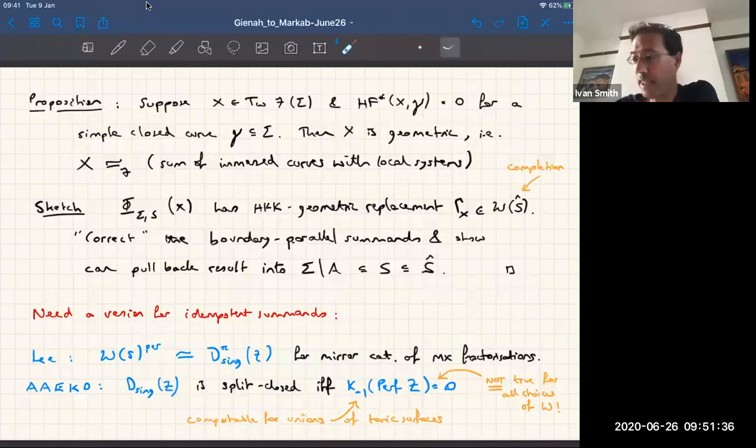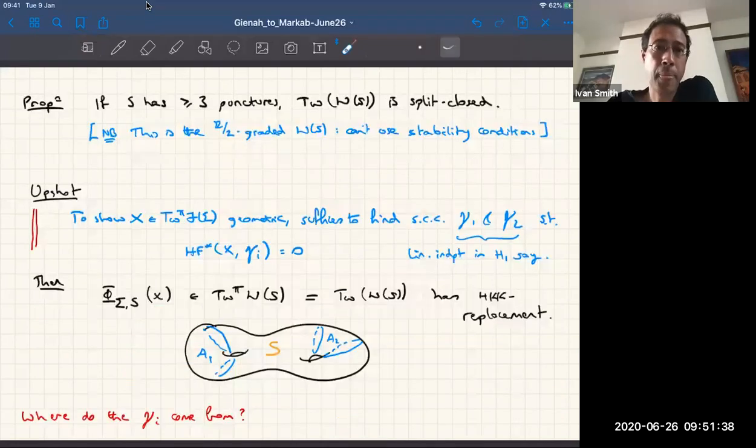So we end up with the following proposition. If S has at least 3 punctures, twisted complexes on the wrapped category of S is already split closed. And this actually works even in the Z mod 2 graded case.